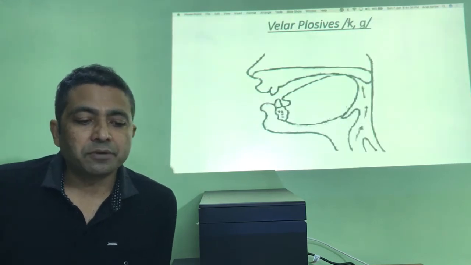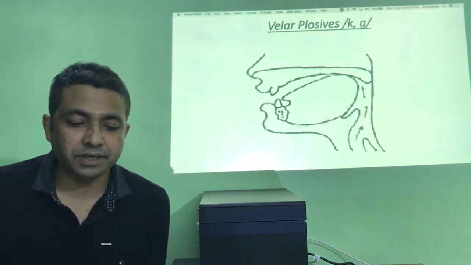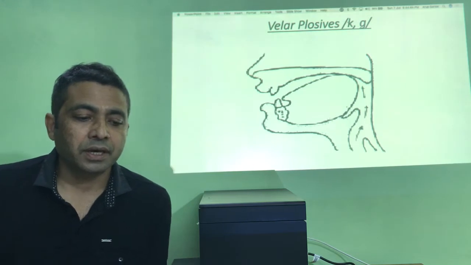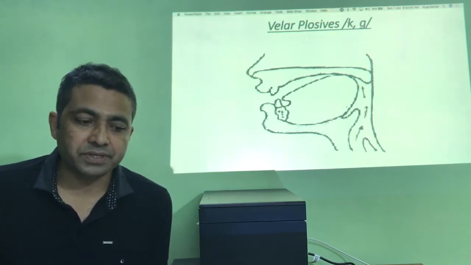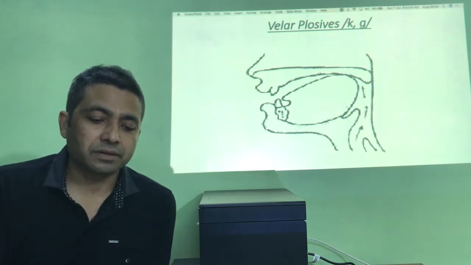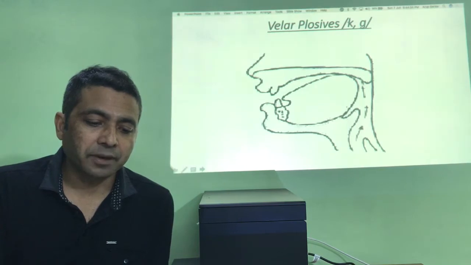Then we have velar plosives. Again, they are plosives because the air is compressed and then there is a sudden release. Where the blockage is made, it is at the velar. You can see the position here. This is the velar, the velum.